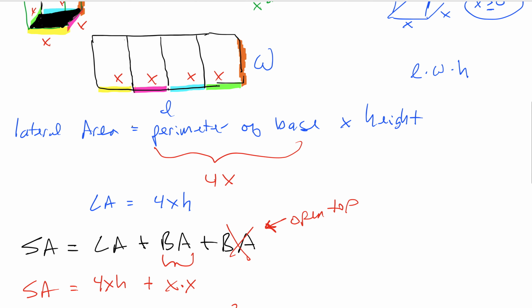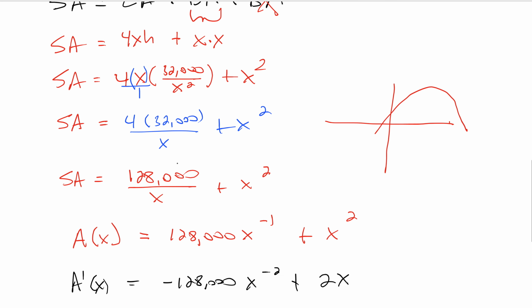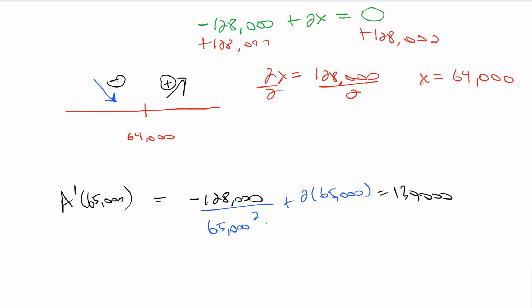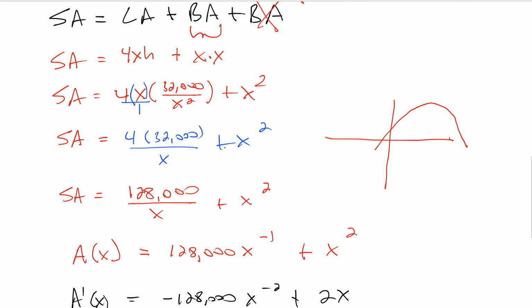Let's go back to this problem. This problem is saying find the dimensions of the box that minimize the amount of material used. So we know that 64,000 produces a minimum. So we go to our surface area formula, because that's the amount of material we need, right?